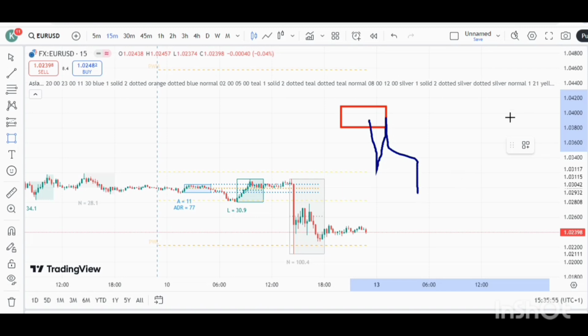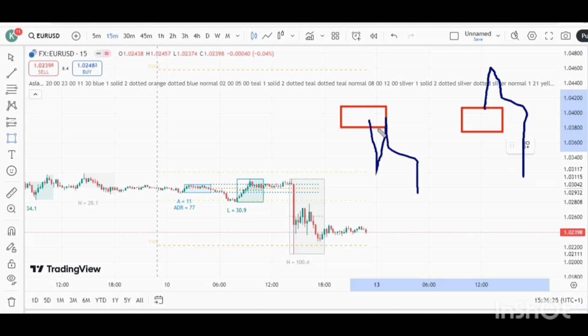And the second one is, this is our Asian session, I'm waiting for the market to break out, reverse, and continue to trend down. So guys, this illustration is for a market in a downtrend.